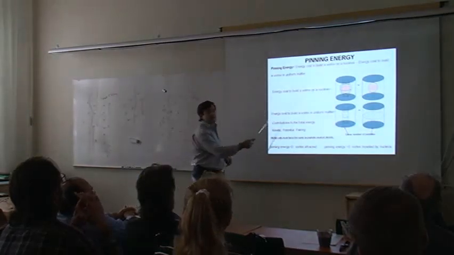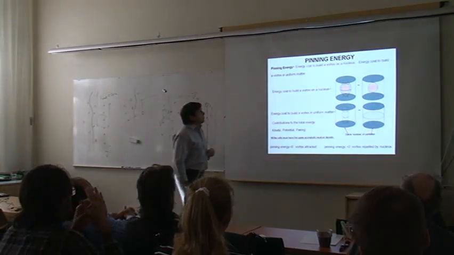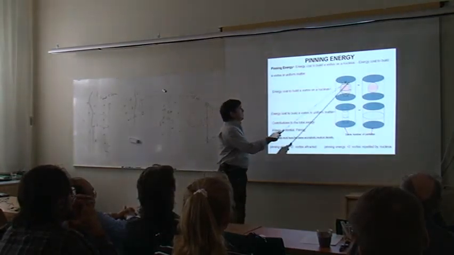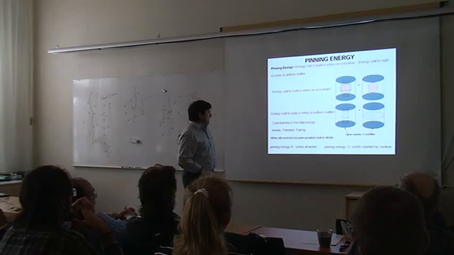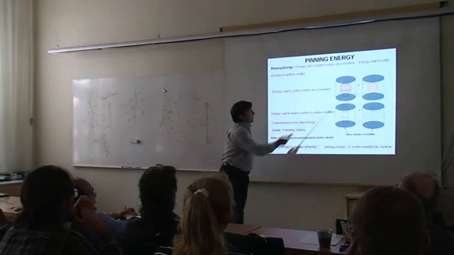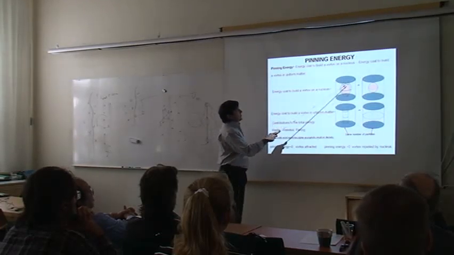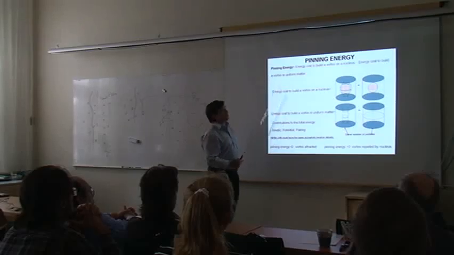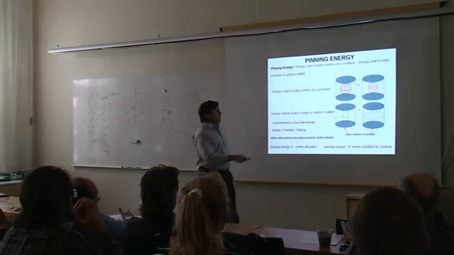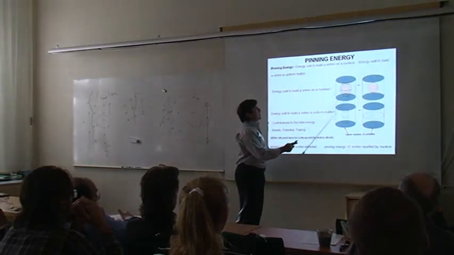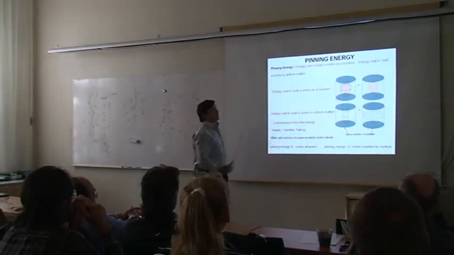Of course, also the kinetic energy will be modified by the interaction between these two objects. So we define the pinning energy in the same way as Epstein and Bain did, and we can easily understand it in this little scheme. We will evaluate the total energy of the vortex line going through the center of the nucleus and compare with the energy of the nucleus alone. This will tell us how much energy we have to spend to put a vortex on top of the nucleus.